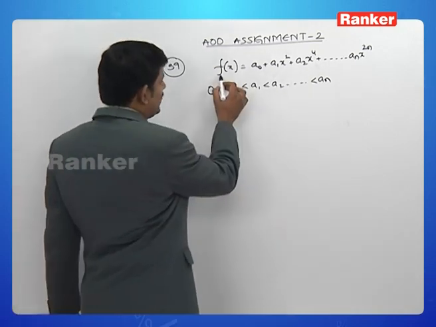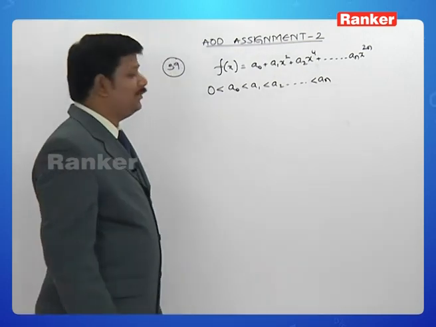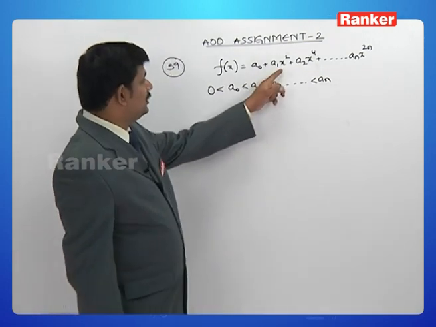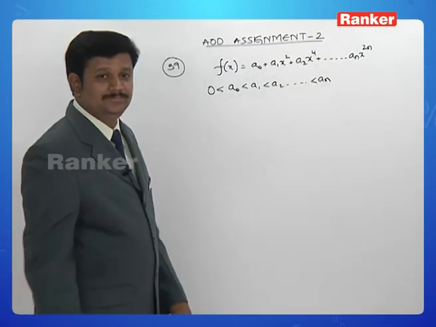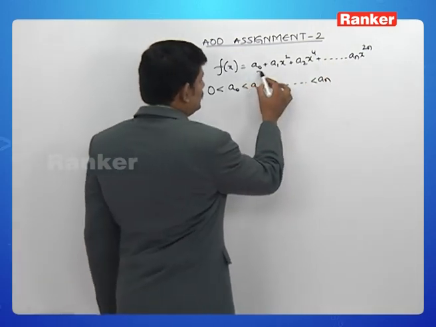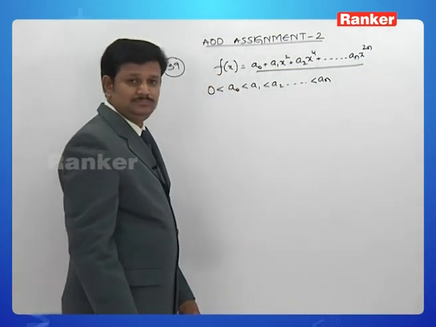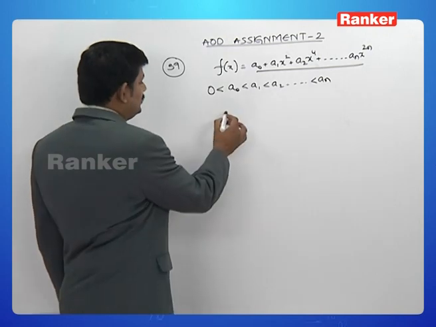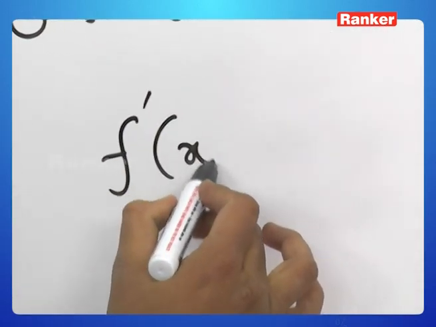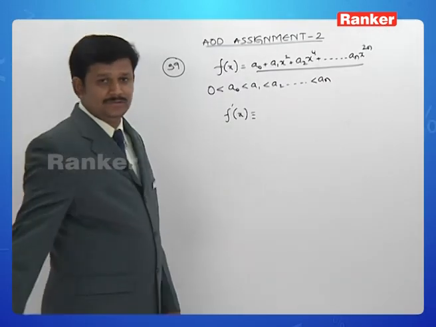So, we need to discuss maxima minima of the function f of x is equal to a0 plus a1 x square plus a2 x power 4 so on up to an x power 2n. This is an even function, even degree polynomial, differentiable. So, to talk about maxima minima, let us look at f dash of x.